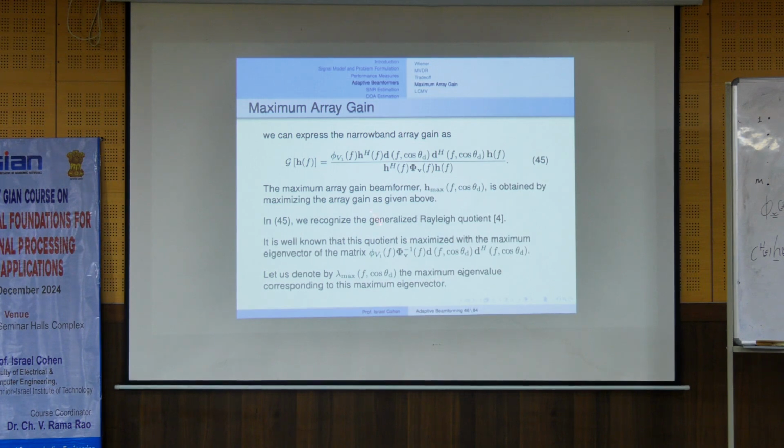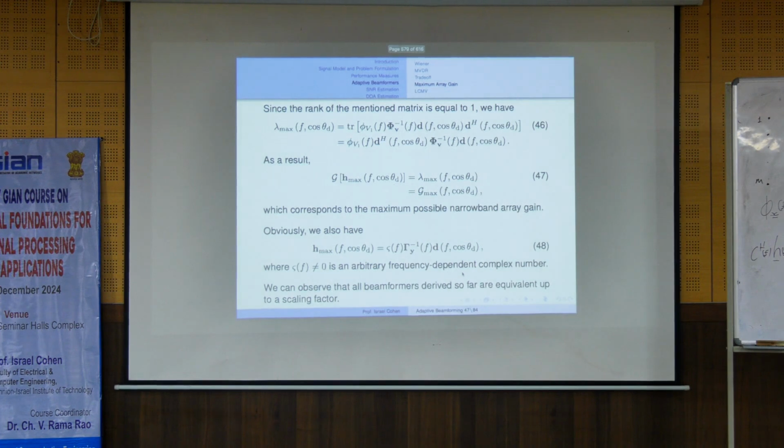The maximum eigenvalue is the maximum gain in SNR, the array gain, and the eigenvector of this matrix associated with the largest eigenvalue gives us the adaptive beamformer. And we can multiply it with any scalar, of course.